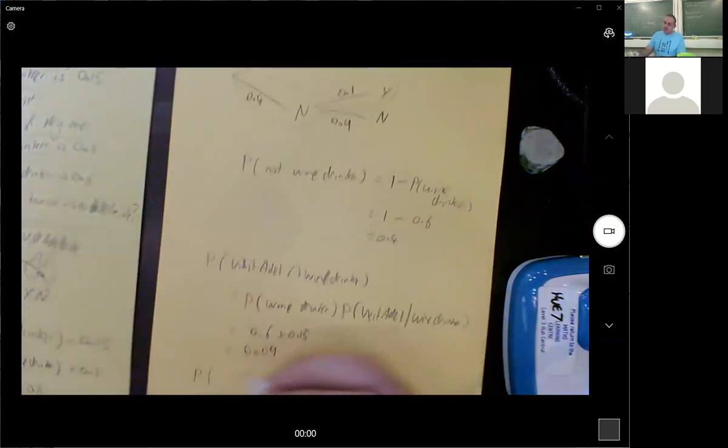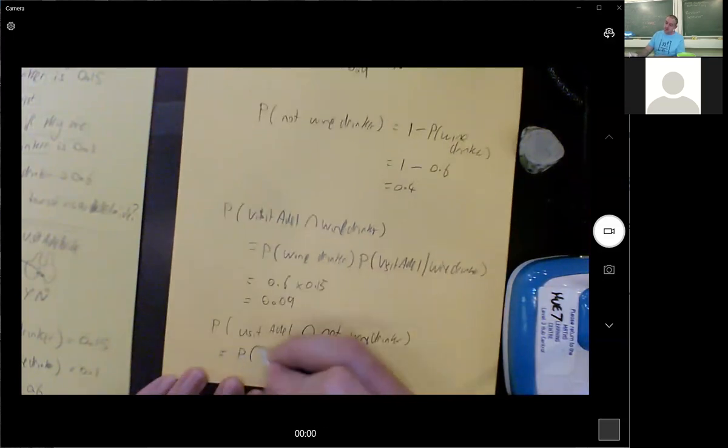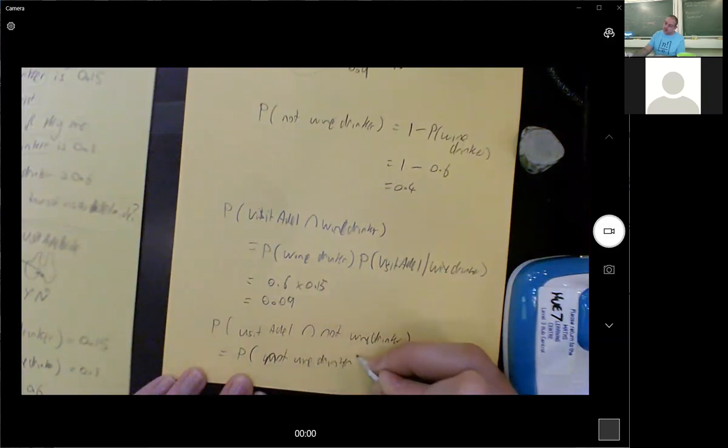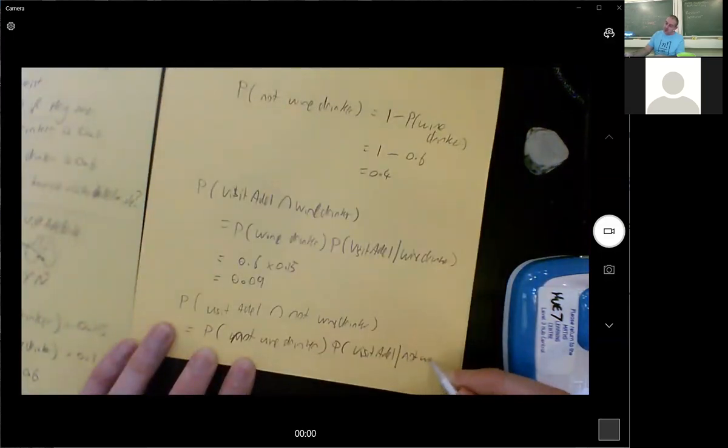And then the probability that you visit Adelaide and not be a wine drinker should be the probability that you're not a wine drinker times the probability that you visit Adelaide given that you're not a wine drinker.